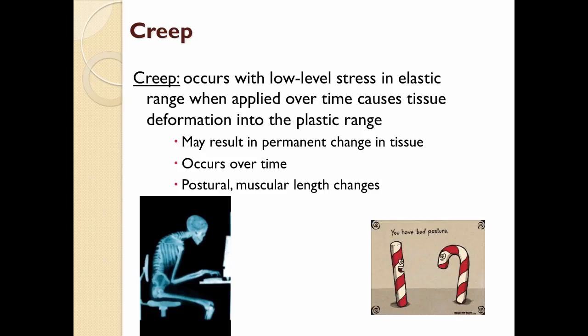This is going to be something, years and years of poor posture, that creep sets in, and now you have difficulty being able to access the opposite direction. So in this example, this individual sits like this long enough, pretty soon he's not going to be able to extend his head back, nor is he going to be able to extend his thoracic spine and sit up properly. And so not only does the joint change, but you can get muscular length changes as well.